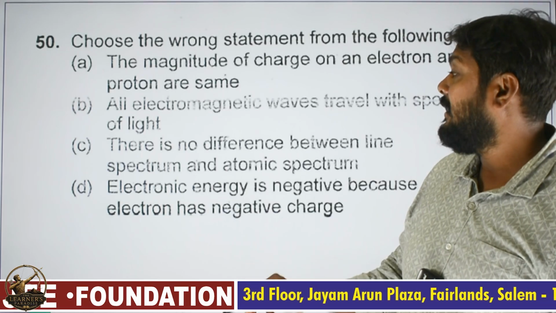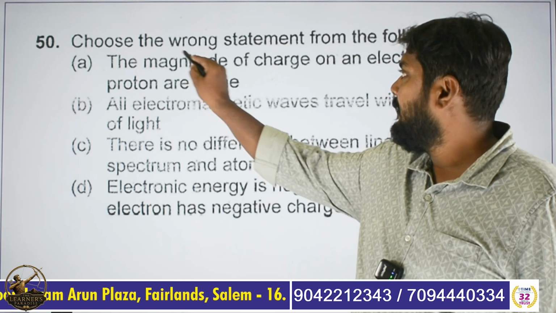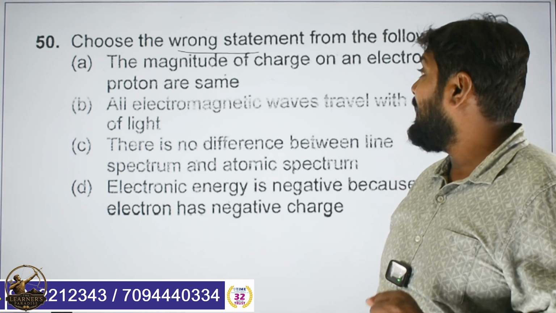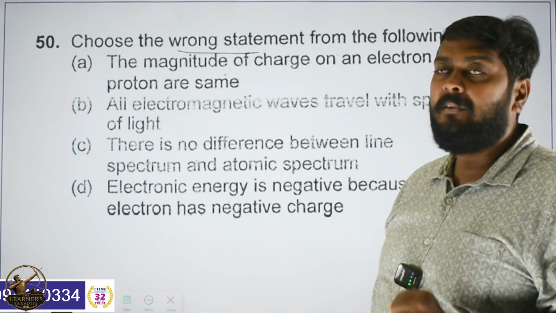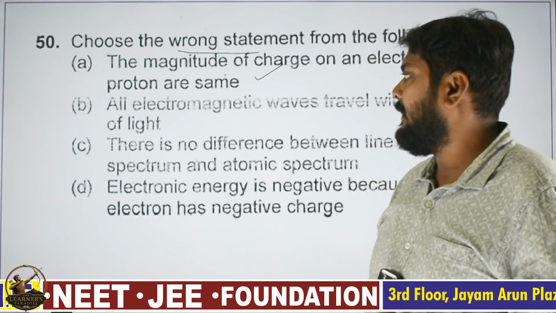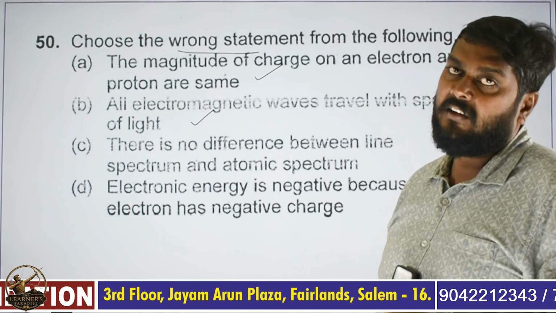So இந்த கொஸ்டின்ல நம்மள ராங் ஸ்டேட்மெண்ட் எதுன்னு கால்குலேட் பண்ண சொல்லி கேட்டிருக்காங்க. ராங் ஸ்டேட்மெண்ட் எதுன்னு ஐடென்டிஃபை பண்ண சொல்லி கேட்டிருக்காங்க. ஃபர்ஸ்ட் ஸ்டேட்மெண்ட்ல என்ன சொல்லியிருக்காங்கன்னா, மேக்னிடியூட் ஆஃப் எலக்ட்ரான் அண்ட் ப்ரோட்டான் வில் பி சேம்னு சொல்லியிருக்காங்க. மேக்னிடியூடு எலக்ட்ரானுக்கும் ப்ரோட்டானுக்கும் சேம் தான், தட் இஸ் கரெக்ட். எலக்ட்ரோமேக்னெட்டிக் வேவ்ஸ் எல்லாமே லைட்டோடைய வெலாசிட்டியில டிராவல் பண்ணணும்னு சொல்றாங்க.